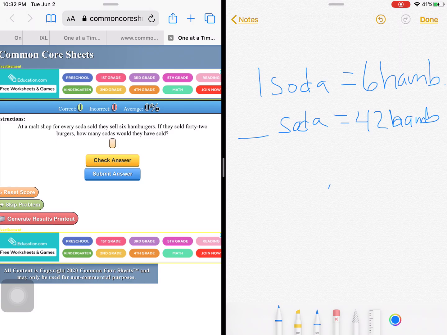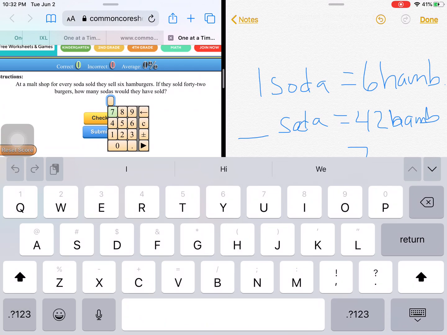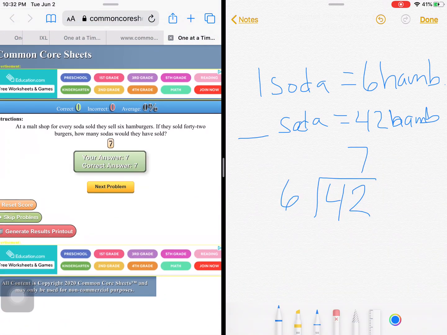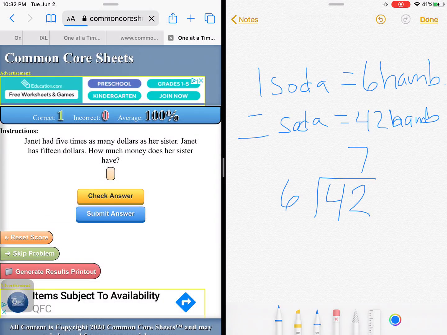So for 42 and every 6, I'm going to divide it by 6. How many sodas would that be? 6, 12, 18, 24, 30, 36, 42, that's 7. So they would have sold 7 sodas.